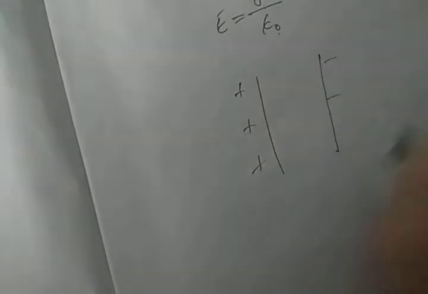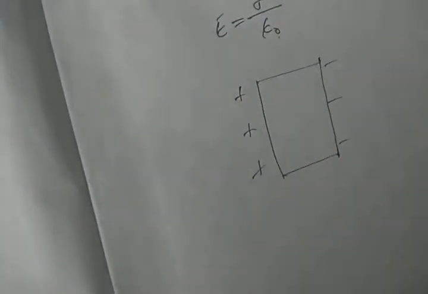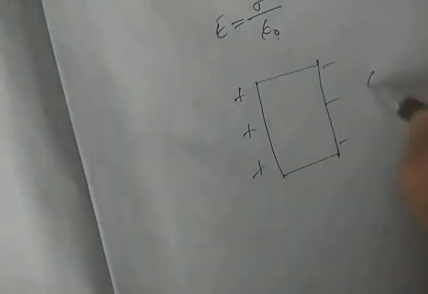Remember, following this, if we have two plates, one positively charged, one negatively charged, and the separation between the two plates is completely filled up by some substance having permittivity epsilon.